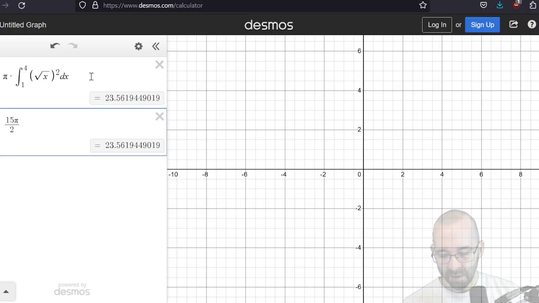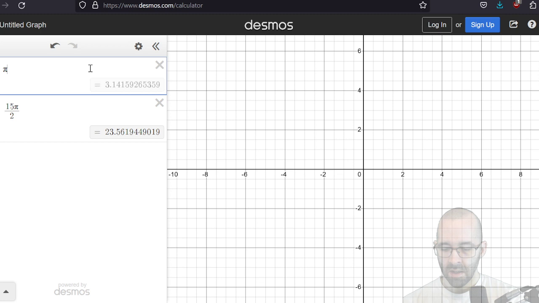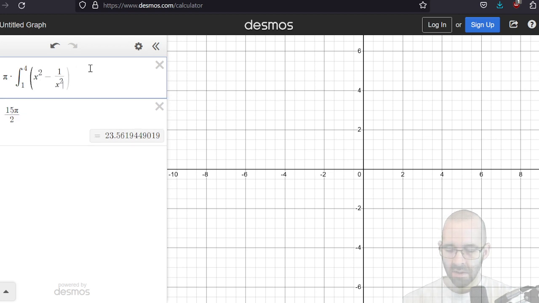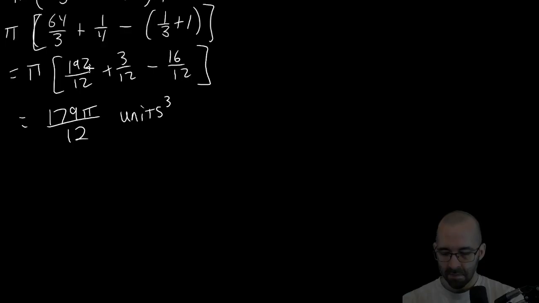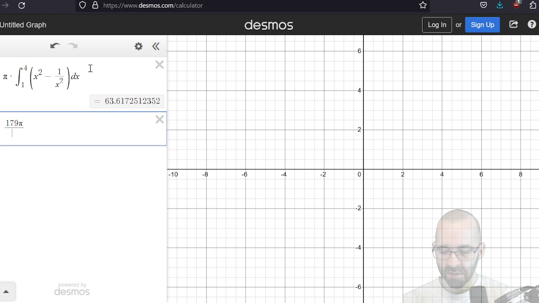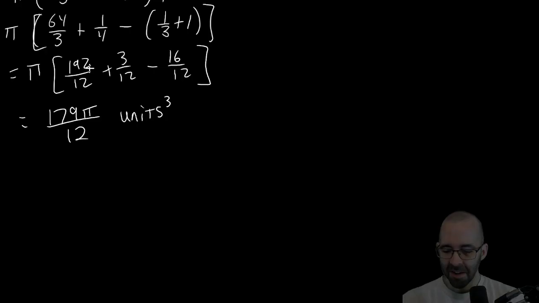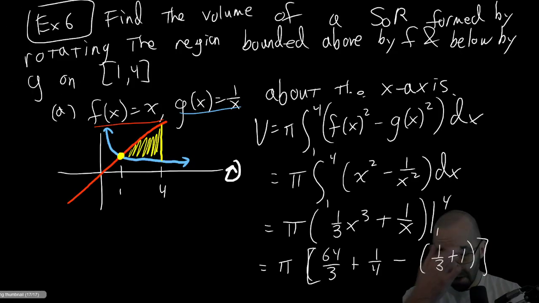All right, so we're looking at the integral. Pi times the integral from, is it 1 to 4 again? I don't even remember. Yeah, it was. Of just x squared minus 1 over x squared dx. And is that 179 pi over 12? No, it's not. Okay, so x squared minus 1 over x squared.